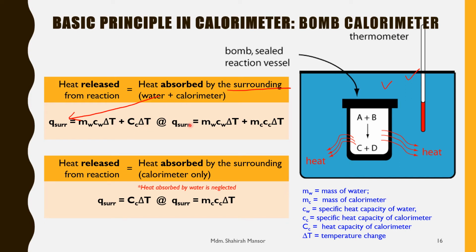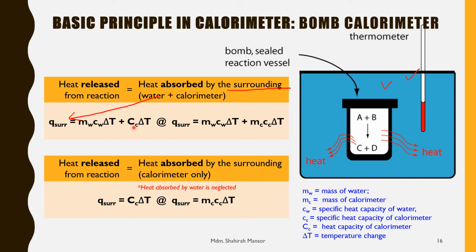Okay, the other formula adalah yang ini sama, cuma pada bahagian calorimeter ni, sekiranya calorimeter ni ada mass of calorimeter, maka you have to use C kecil, iaitu specific heat capacity of calorimeter. So untuk formula yang ni, kita akan gunakan capital C sekiranya soalan tidak bagi info tentang mass of calorimeter.